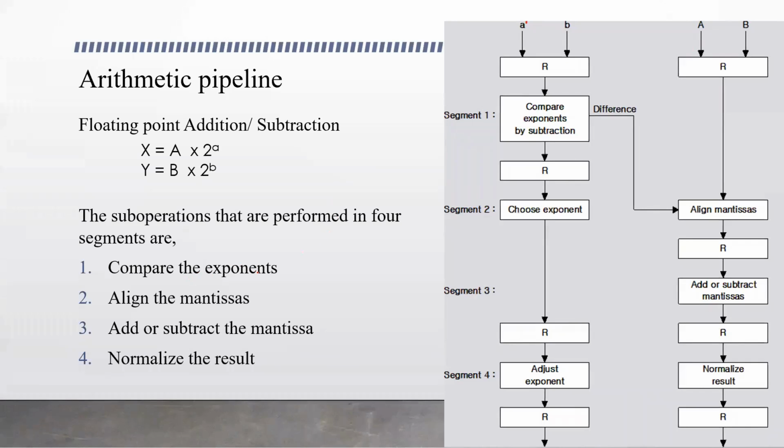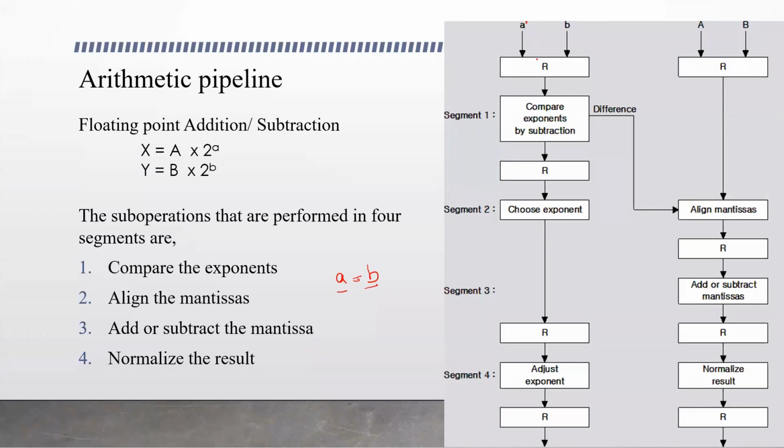So compare the exponents and choose the exponent, align the mantissas and adjust the exponent accordingly to make it equal, as a is equal to b. And once this is done, add or subtract the mantissa, then normalize the result. If there is an overflow or underflow, we need to normalize the result.